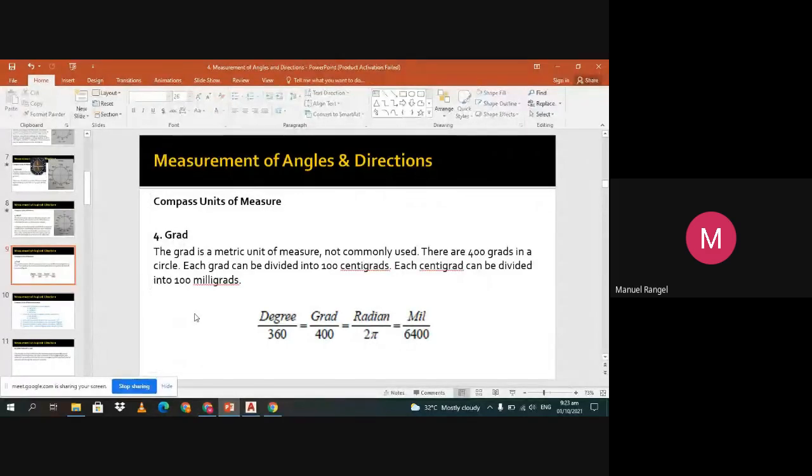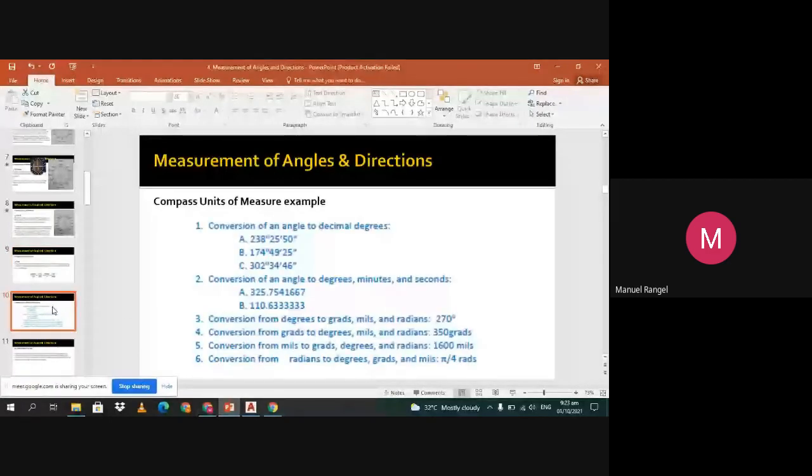So it is said that it is not really used. There are 400 grads in a circle, so each grad can be divided into 100 centigrads. So each centigrad can be divided into 100 milligrads. So these are the conversion formulas for grad, radians, and mils.